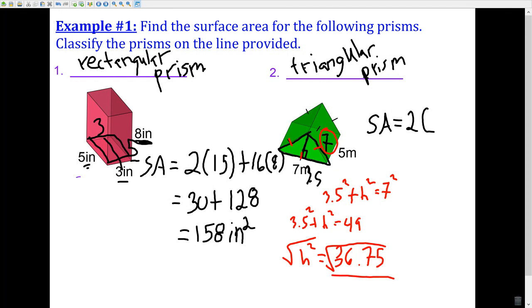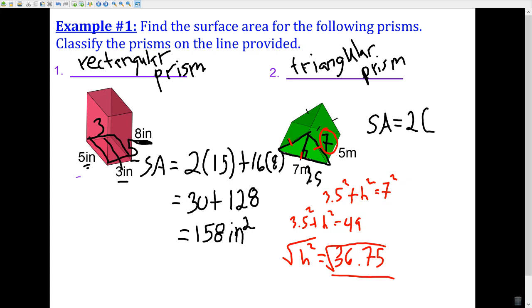I'd type this into the calculator, right? You'll get 6 point something something, and you do need the whole thing there. So make sure you type in this, or the answer to that, into your calculator. Okay, great. So now I'm going to finish the formula.